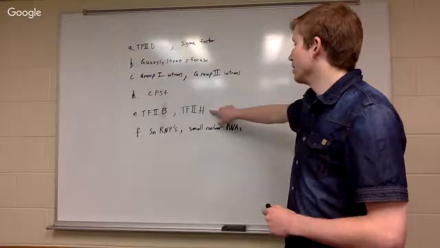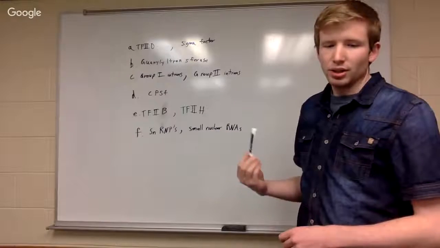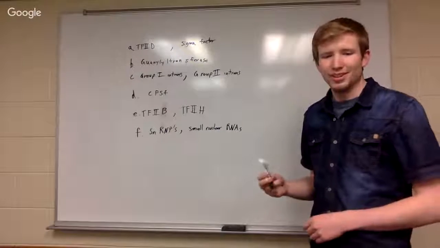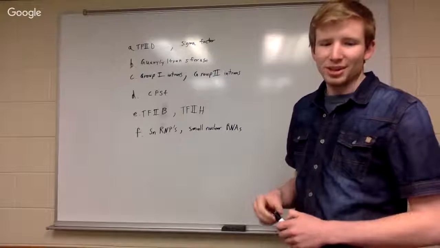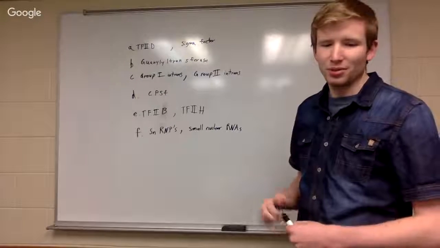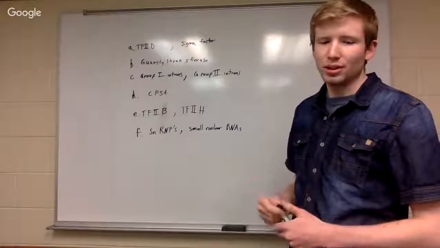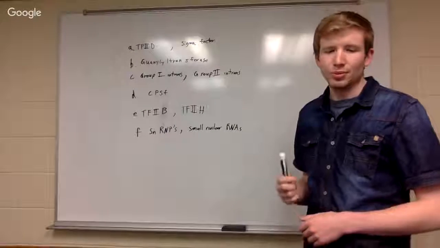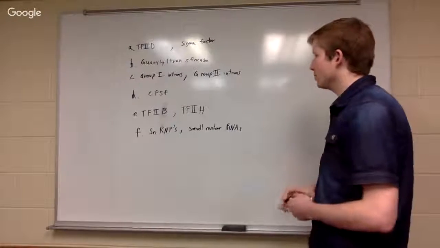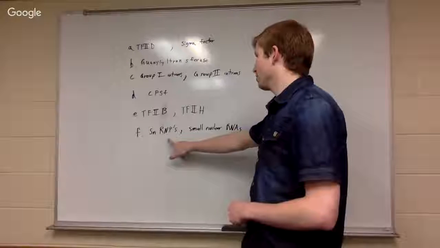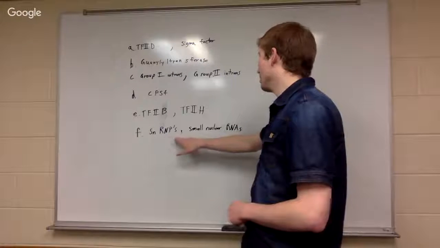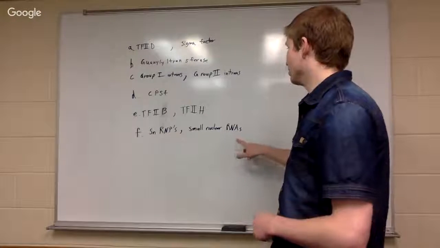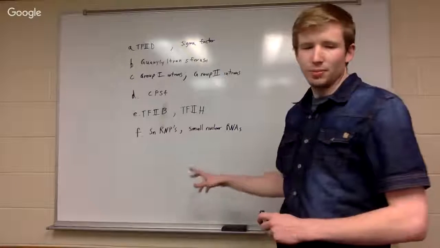And then TFIIH is another GTF which acts to phosphorylate the active RNA polymerase II. And then for F, we have snRNPs and small nuclear RNAs.